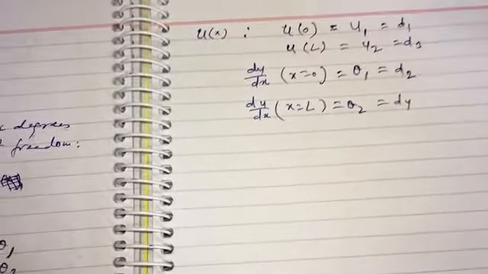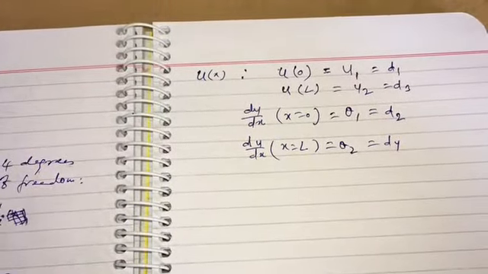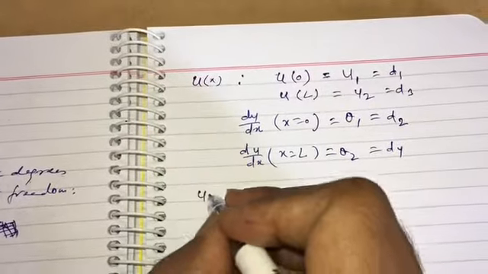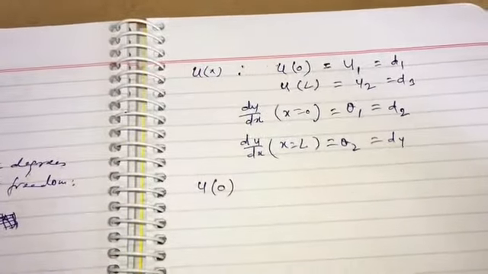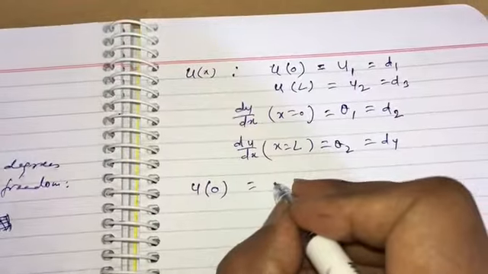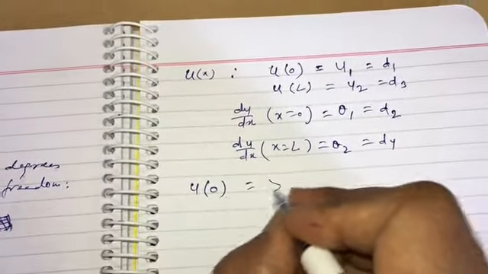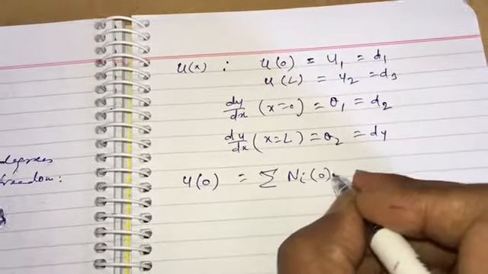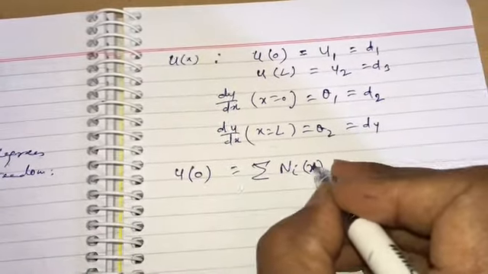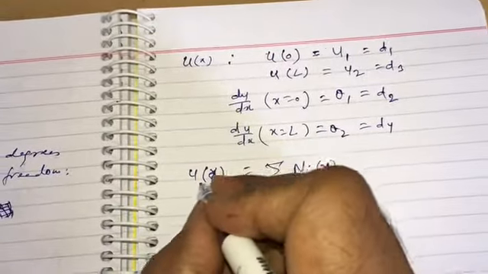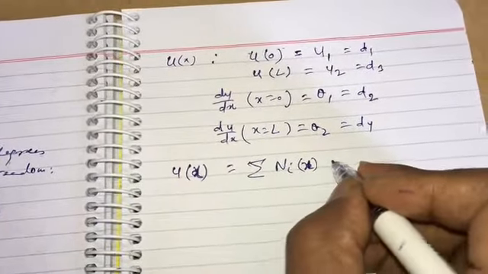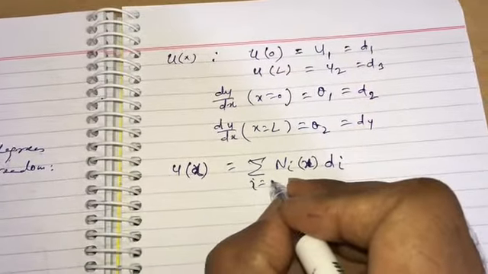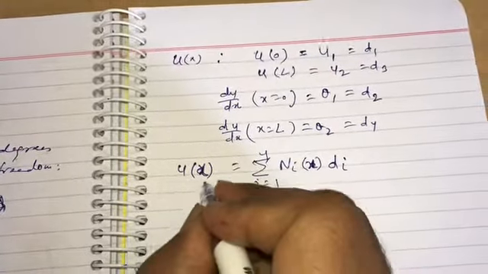However, u is a function of N's, right? So for example, u0, since ux equal to summation of Ni(x) di, i equal to 1 to 4, we can expand.